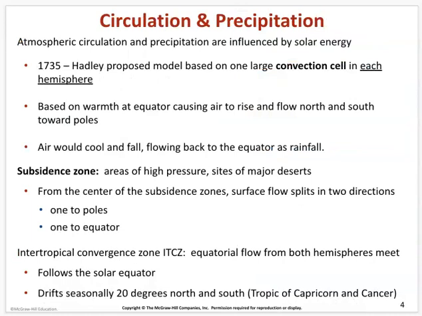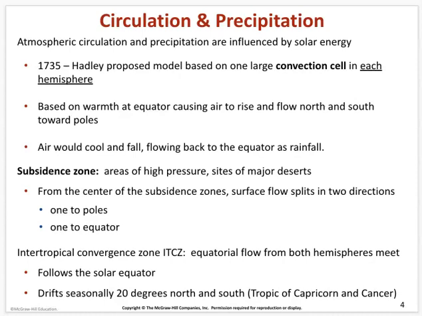So the other thing that we look at, aside from temperature, is precipitation. And the way this works is through the circulation of air. Atmospheric circulation and precipitation, or rainfall, are influenced by solar energy. One of the things we call the hemispheres are convection cells, and this is a way that warm and cool air are moved around based on the solar energy.